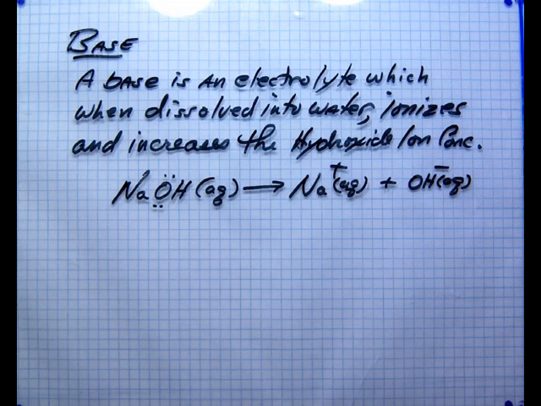Now, a base is defined pretty much in the same way as an acid. A base is an electrolyte, which, when dissolved in water, undergoes ionization and increases the hydroxide ion concentration. The nature of acids and bases as electrolytes comes from their ability, when dissolved and ionizing, to conduct an electric charge.